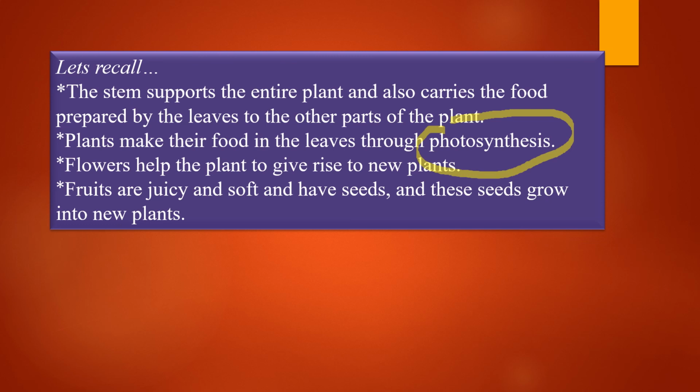Then again, fruits are juicy and soft and have seeds, and these seeds grow into new plants. Some fruits are juicy, for example, mango is very nice to eat. They are soft and juicy, and they have seeds, and these seeds grow into a new baby plant. Then when it becomes very big, it is called a tree.